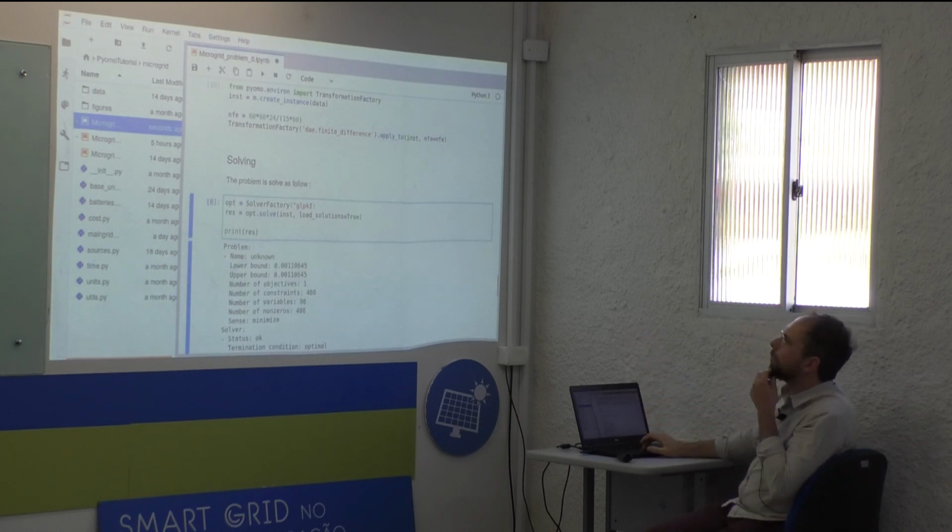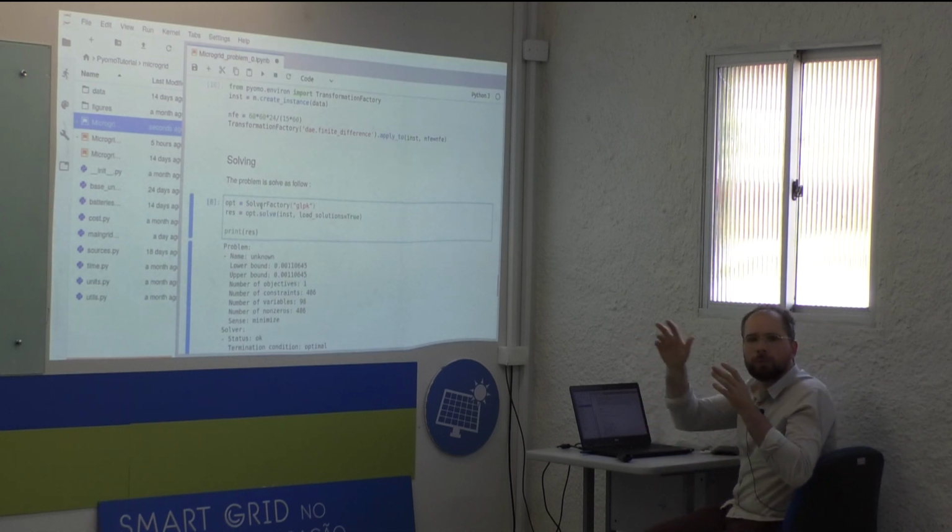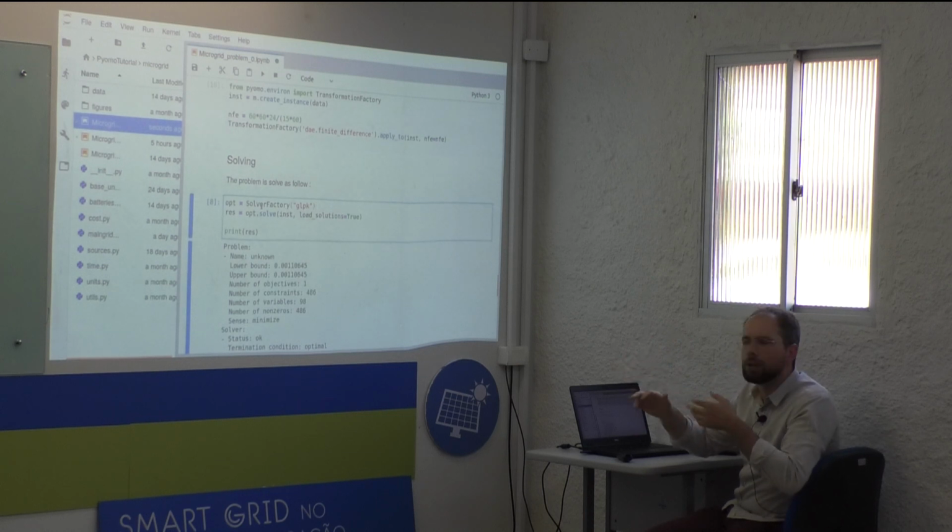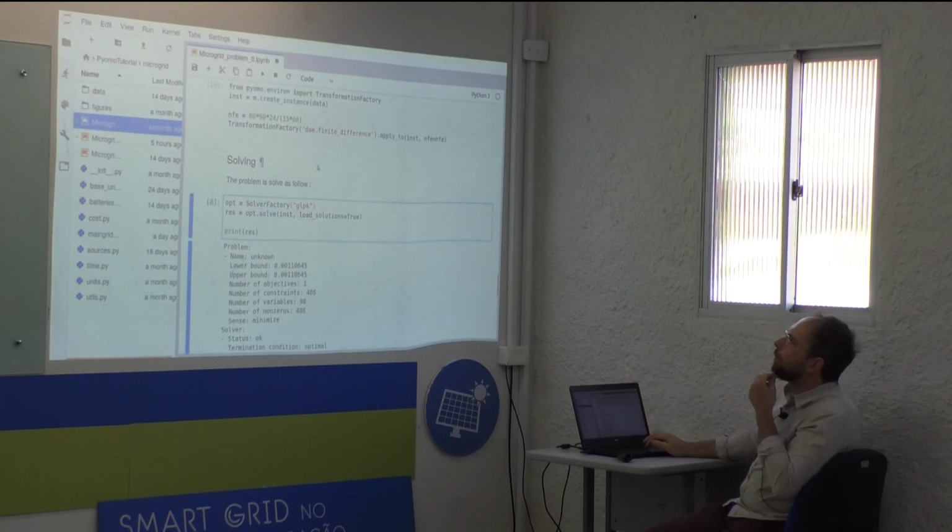The solving: I pick a solver from all the solvers I have installed on my machine. Here my problem, as we said before, is a mixed integer linear programming problem. So we can use the GLPK solver. GLPK is an open source solver for linear, mixed integer, and integer programming.